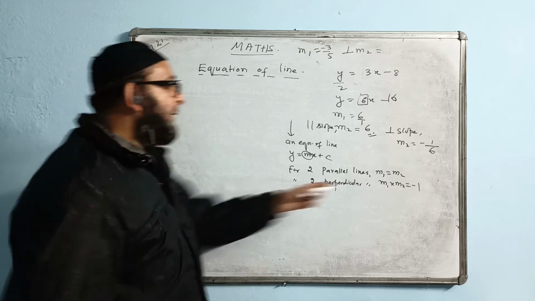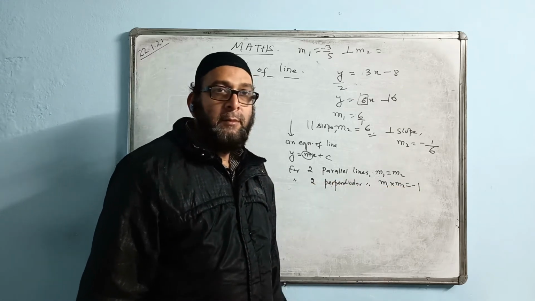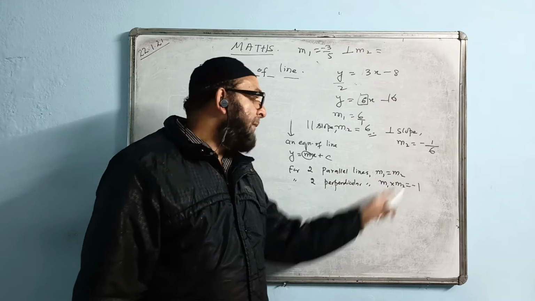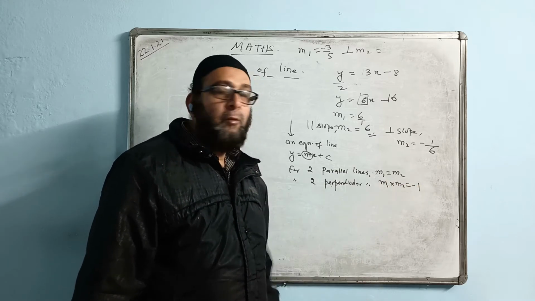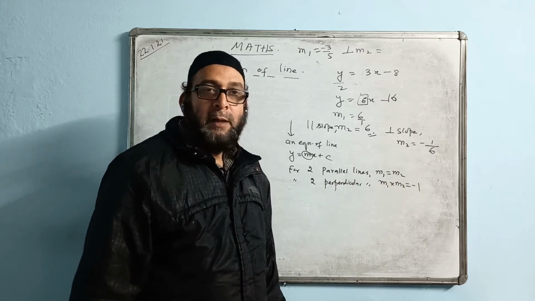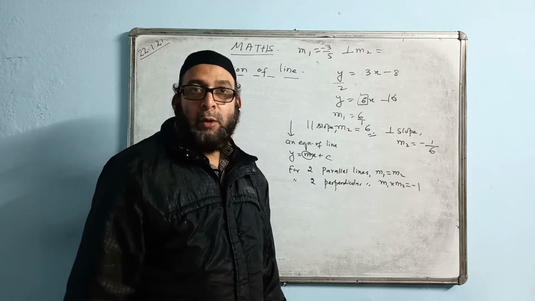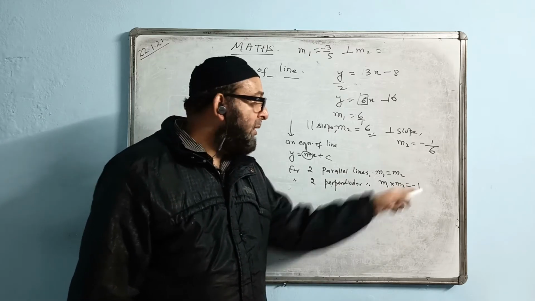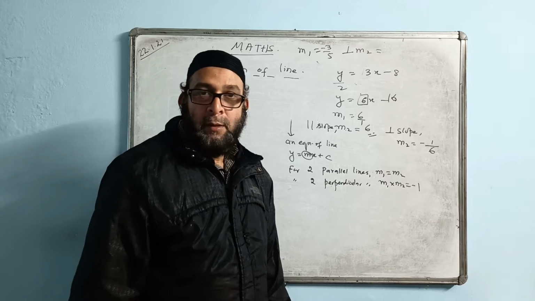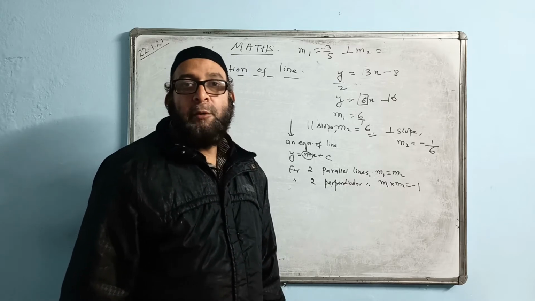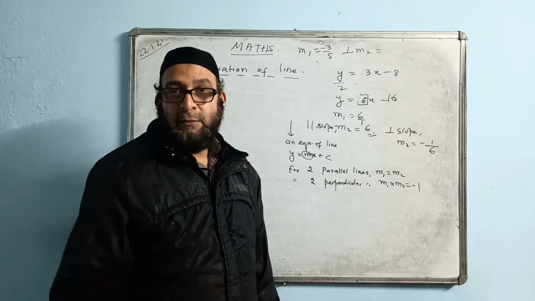The perpendicular formula is what? m1 into m2 is equal to minus 1. Therefore, m2 will come as minus 1 by m1, no? That means m2 and m1 are reciprocal, and the sign is minus. That means they are reciprocal to each other with a minus sign.